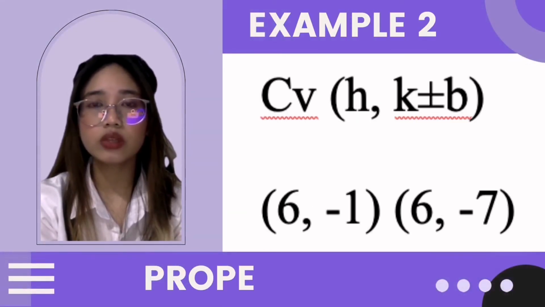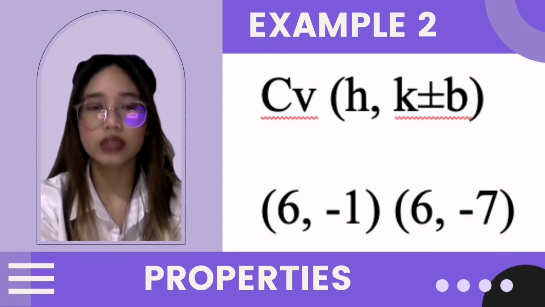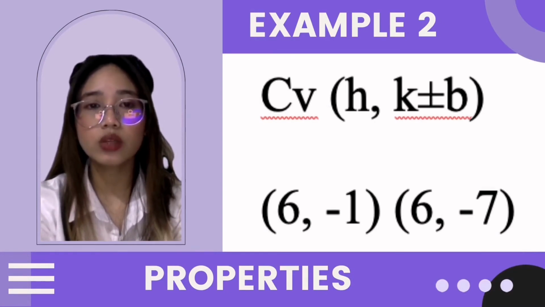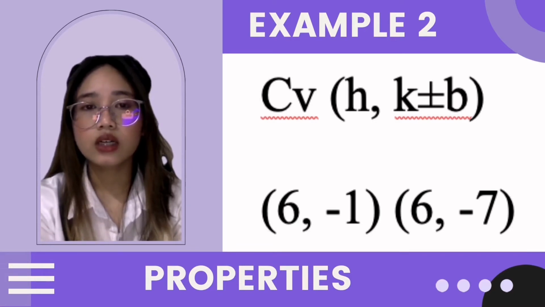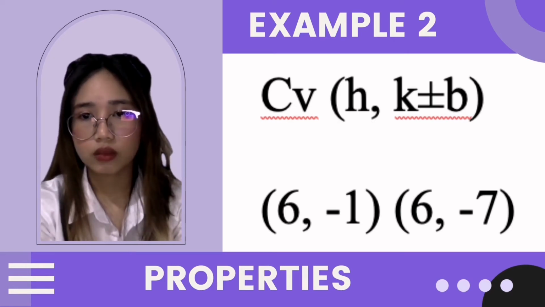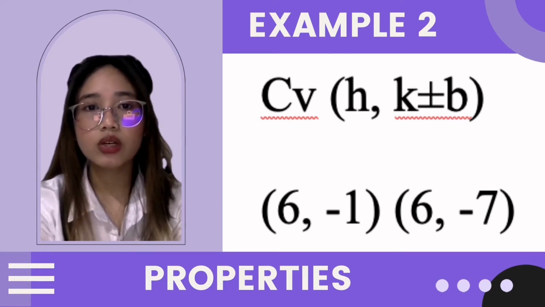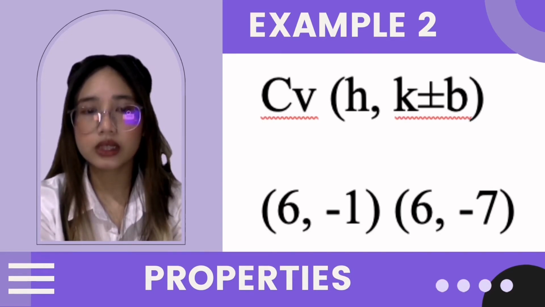So now we're going to solve for the covertex. To solve for the covertex, we're going to add or subtract b to k. So the equation for covertex is parenthesis h, comma, k plus or minus b, parenthesis.